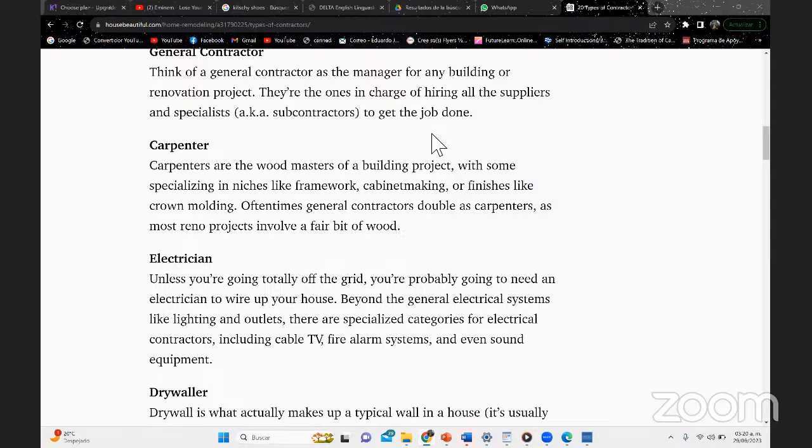Oftentimes, general contractors double as carpenters, as most renovation projects involve a fair bit of wood.